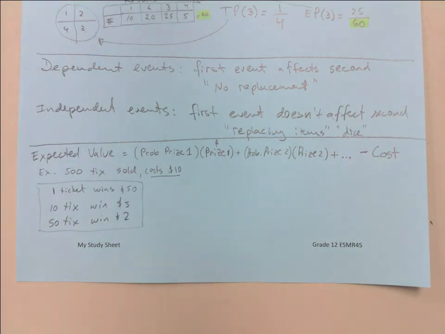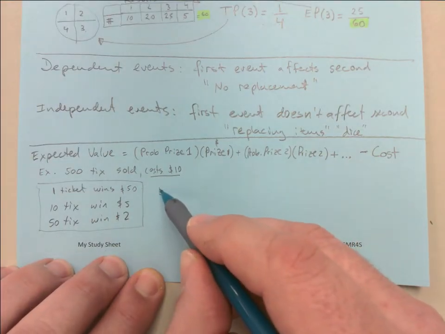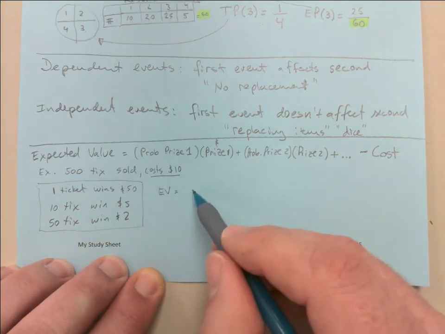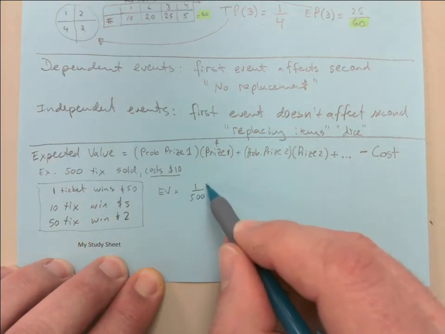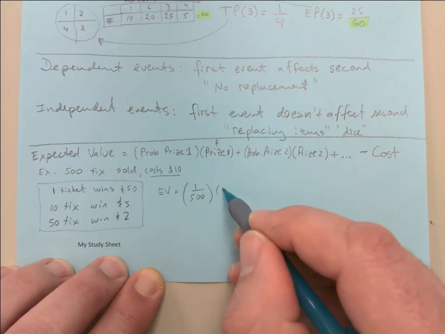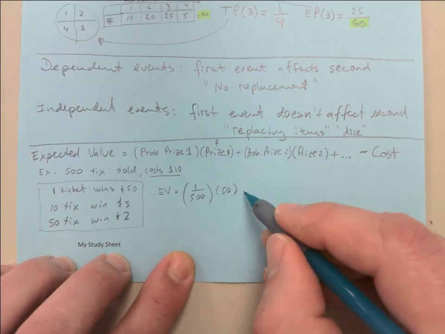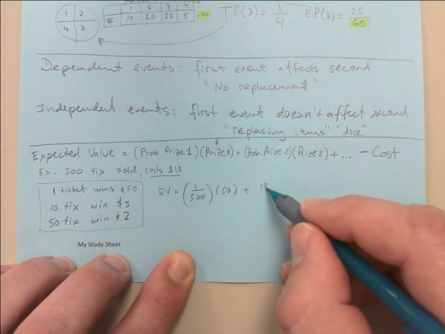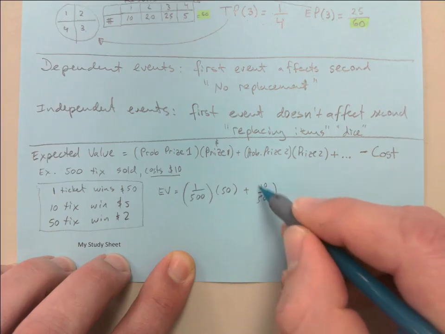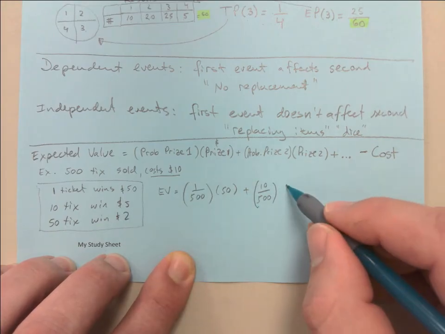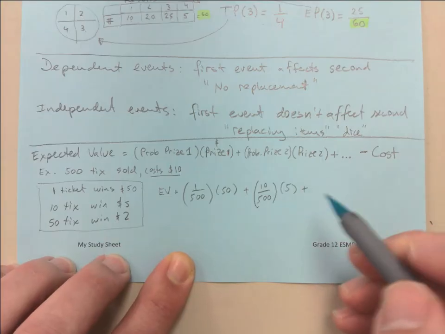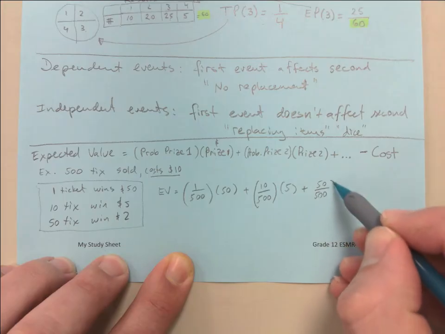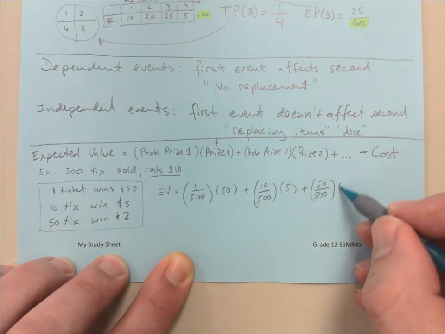How would you calculate the expected value? It'd be 1 in 500 chance of winning the $50. Then there would be 10 in 500 chance of winning the $5. There would be 50 out of 500 chances of winning $2.